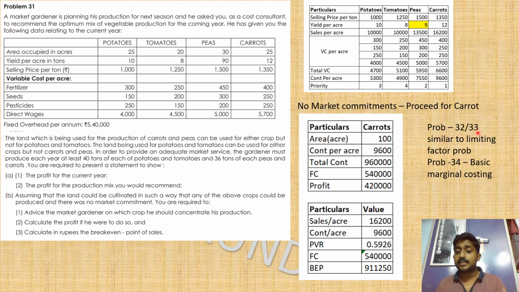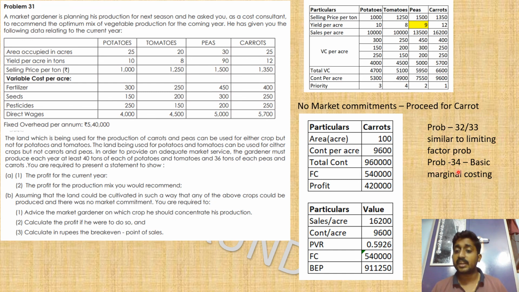If material is the limiting factor or the contingent item, then you have to give priority to the item which has the highest contribution per kg of material. Same way, if the labor hours or machine hours is the limiting factor, then you have to give priority to the product which is giving highest contribution per labor hour or per machine hour. Okay, so please solve that. If any doubts, please drop your comment.